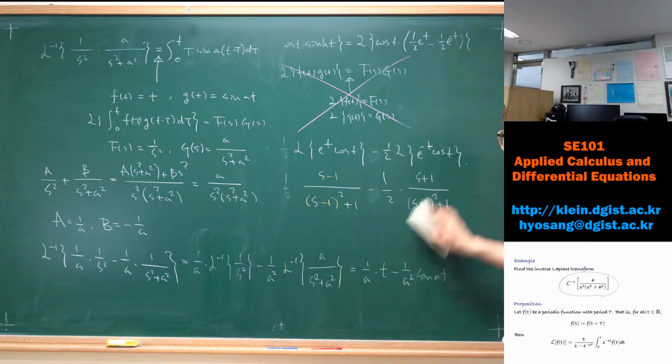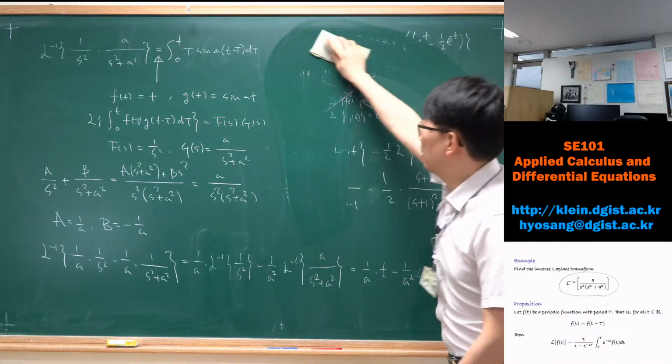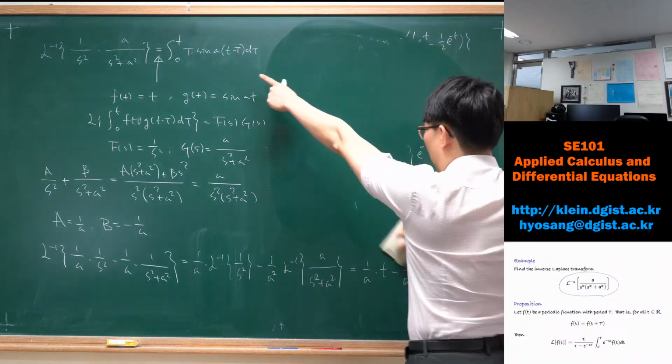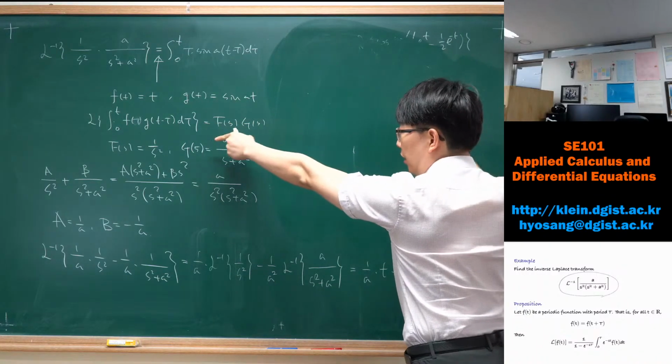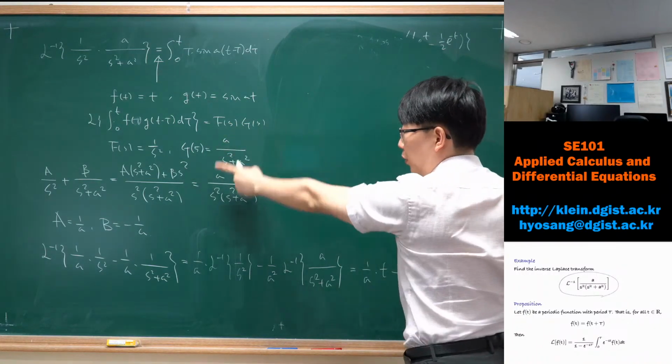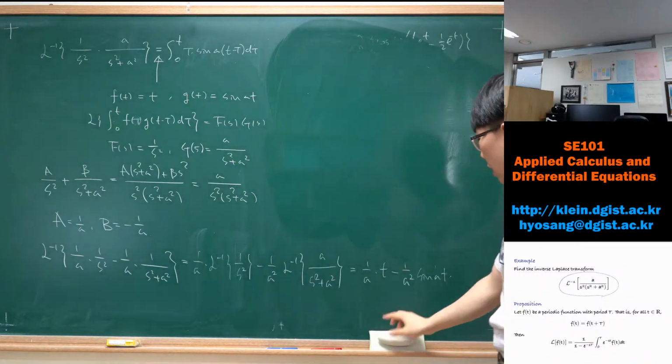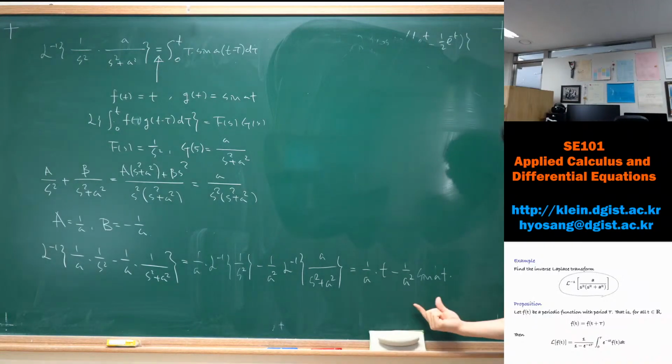Now you see, I had this integration as a result of the inverse Laplace transform. If I use this formula, if I use the other formula, I got this result. Which one is correct?